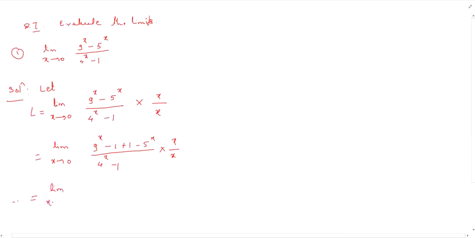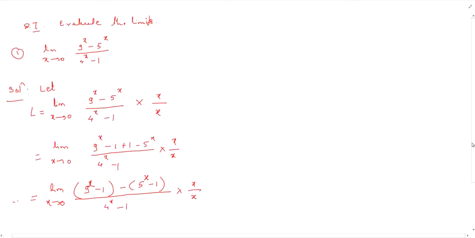So limit x tends to 0. Now according to our requirement, this term 9^x - 1, and here taking the minus sign common inside the bracket, this minus becomes plus and plus becomes minus, upon 4^x - 1 into x by x. Okay.